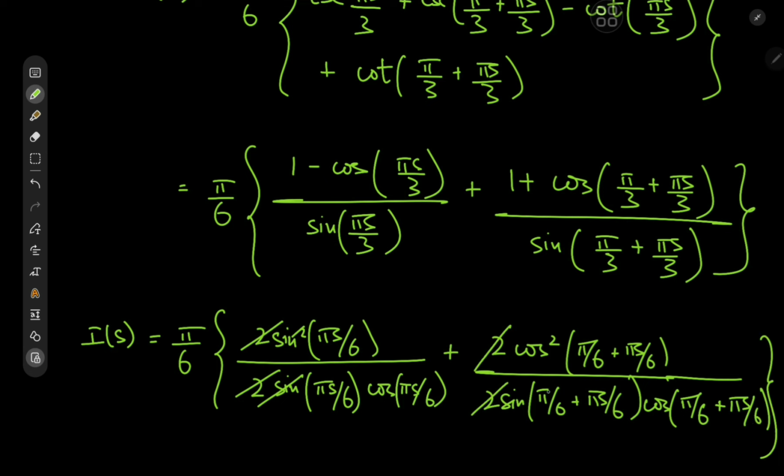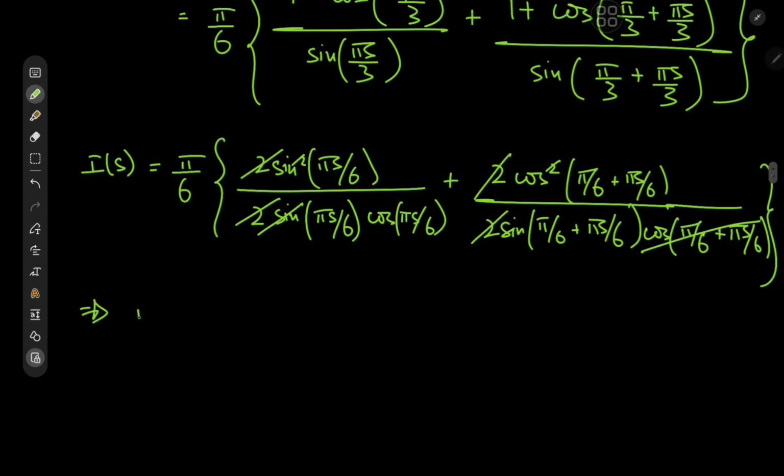Again, some nice cancellation taking place, this time the cosine going away. And all of this implies that I of s equals pi by 6 times, what do we have left?